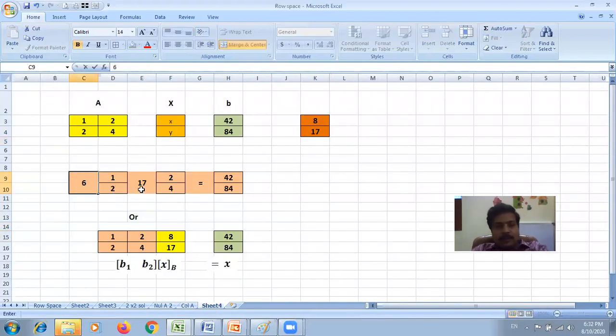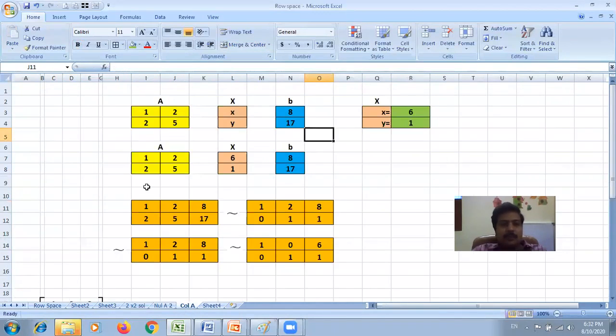So 6 and 1 give us 8, 17 for this system, 1 2 2 5.